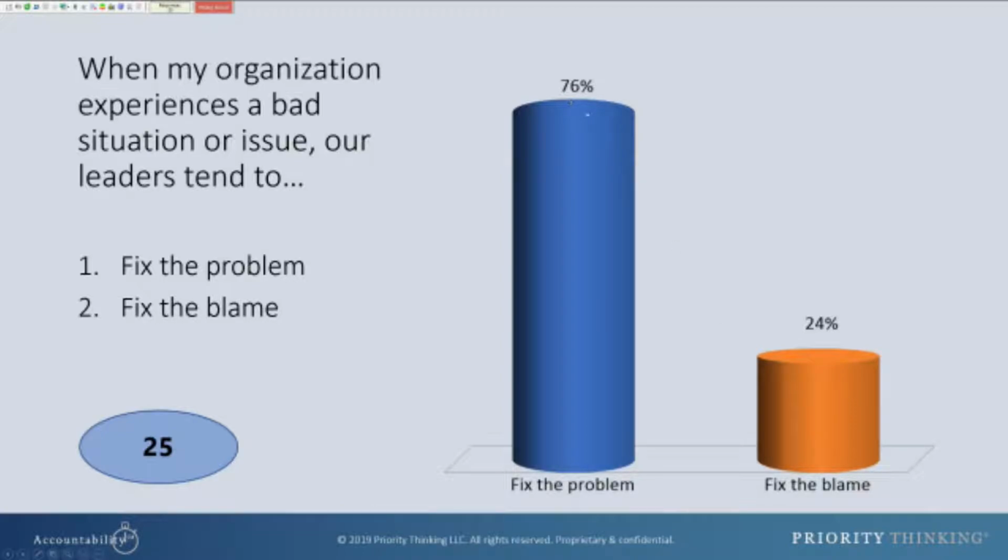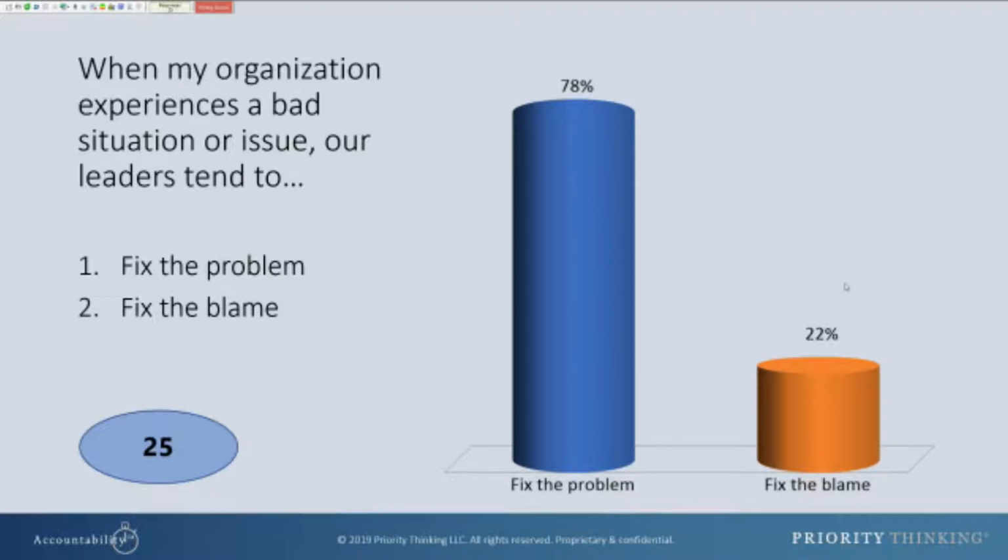All right, 3 to 1 there, fix the problem. That's good. Let's just quickly do one more slice here to see how the individual contributors viewed that. And a little bit higher on fix the blame, as you can see there. And then the leaders, again, it's much lower.